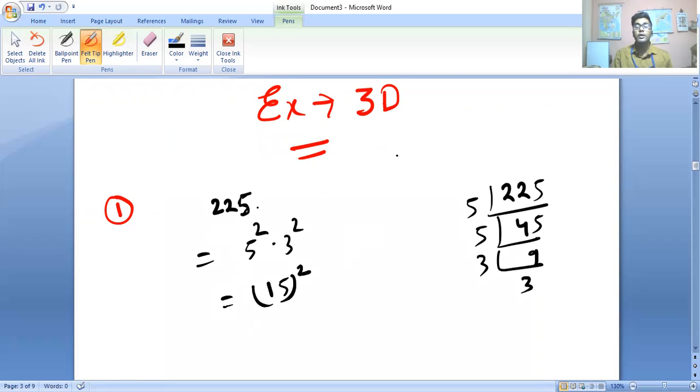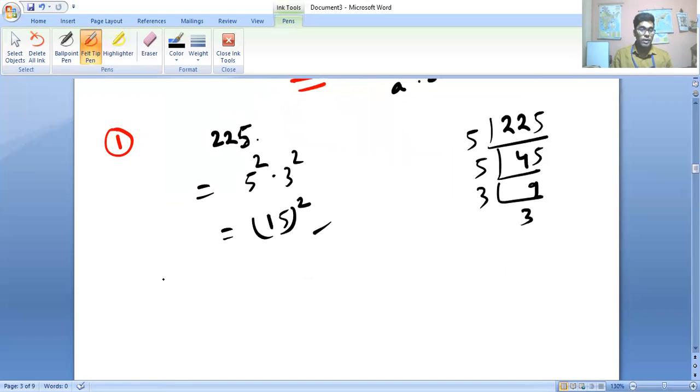We've already discussed that a to the power m into b to the power m is equal to ab whole to the power m. If two numbers have the same power, the numbers will multiply and the power will remain the common power. So this is 15 square. Therefore, 225 is a perfect square.